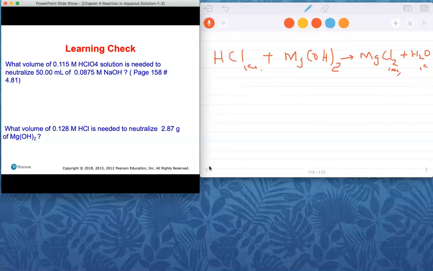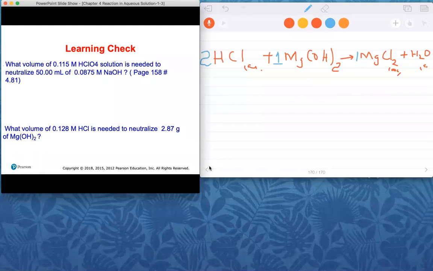On the product side, we have 2 hydrogens. On the reactant side, we have 3 hydrogens and 1 chlorine. We need to balance the equation. That means we're going to need a 2 here to balance the equation. There is 1 right there, 1 right there, and 1 right there.